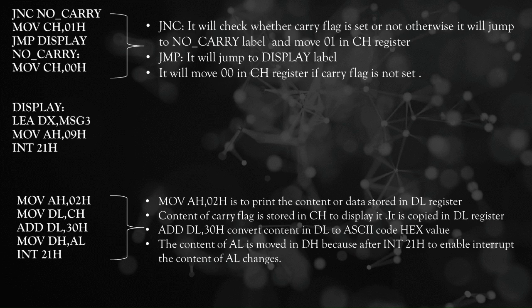I also move the adjusted BCD result in AL into DH. I will use DH to extract the tens and ones next. This code prints the hundreds digit even when it's zero. If you don't want a leading zero, you would check CH and only print when it is 1. This is just an additional note that I came to know.